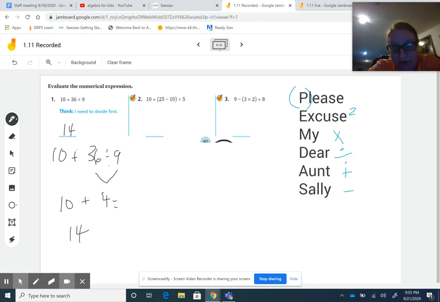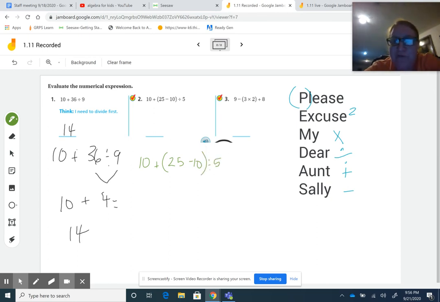Now we have parentheses, right? So we have 10 plus 25 minus 10 divided by 5. There's a lot there. I promise you, if you go with the order of operations, it will be a little bit easier. So we have 10, and I'm writing in green to separate it from the first one. Plus, that is a terrible parenthesis. 25 minus 10 divided by 5.